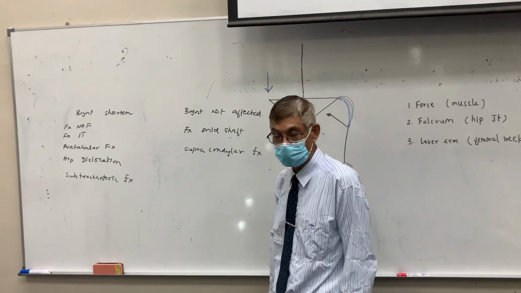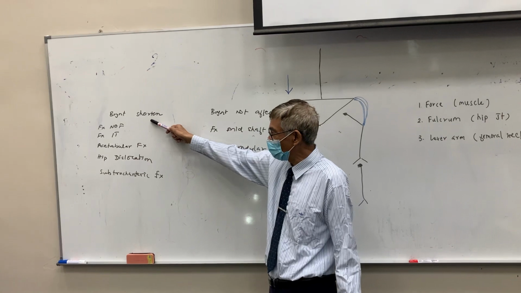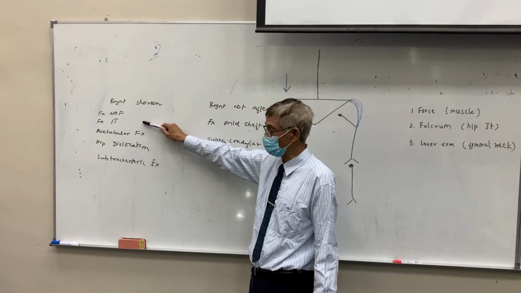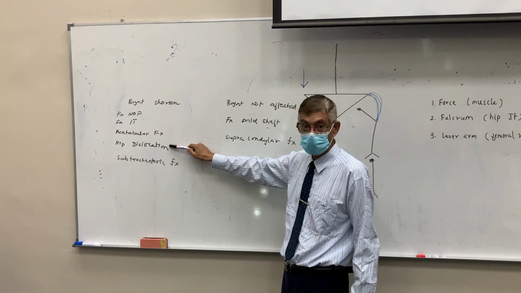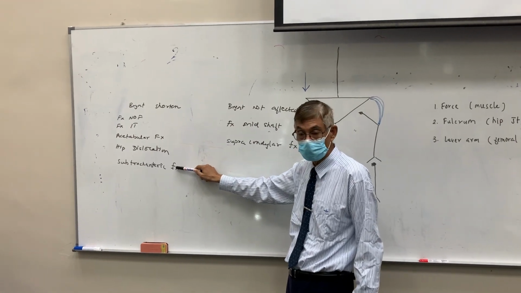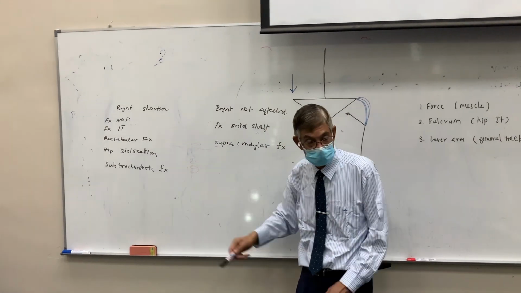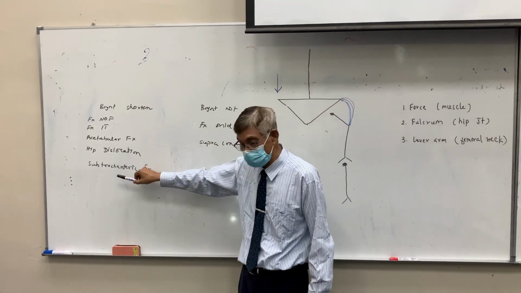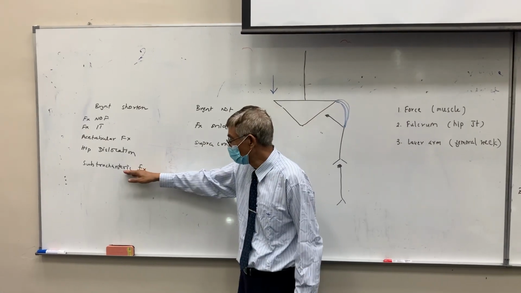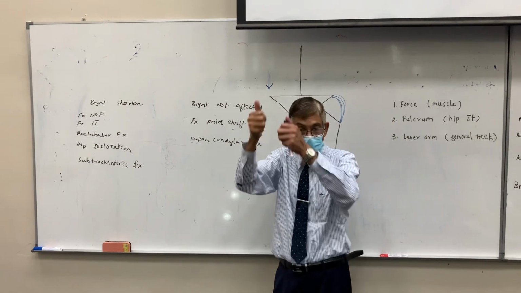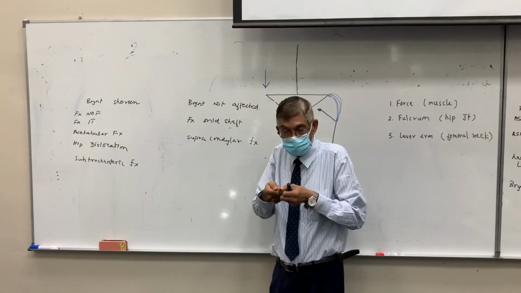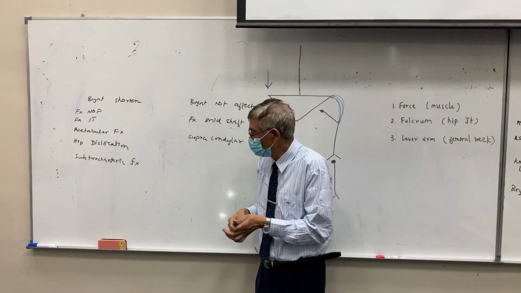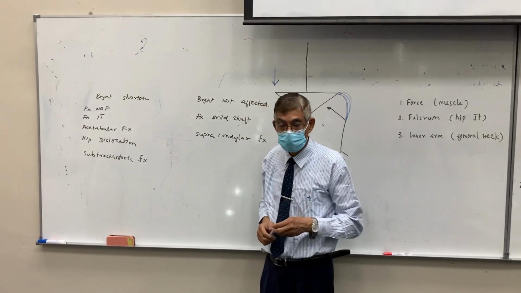Bryant's triangle is shortened in fracture neck of femur, intertrochanteric fractures, acetabular fractures, hip dislocation, and subtrochanteric fractures also. Because in subtrochanteric fractures, after the fracture, the greater trochanter is overriding due to the pull of the iliopsoas and the external rotators.